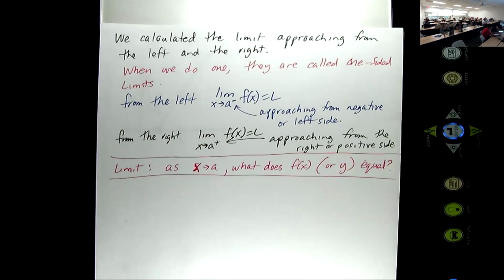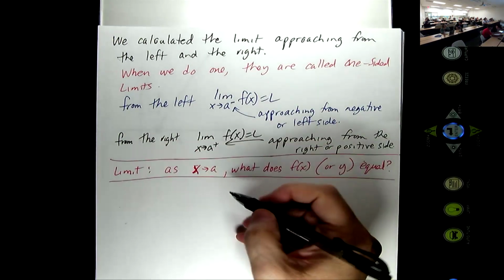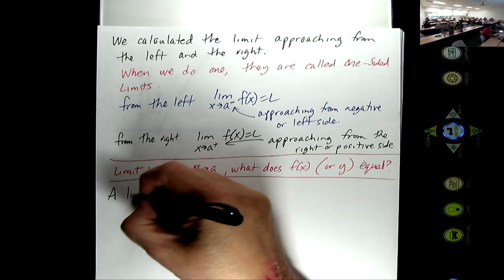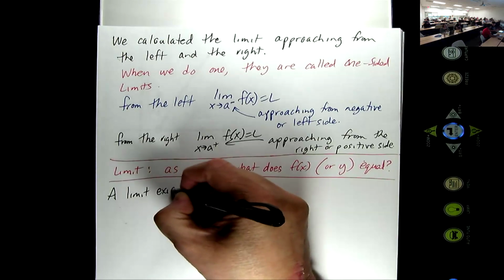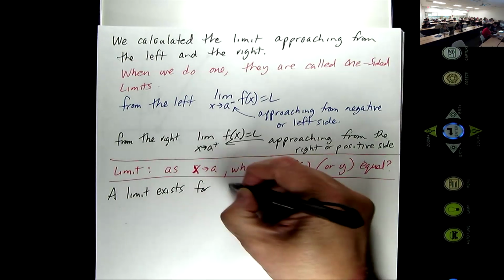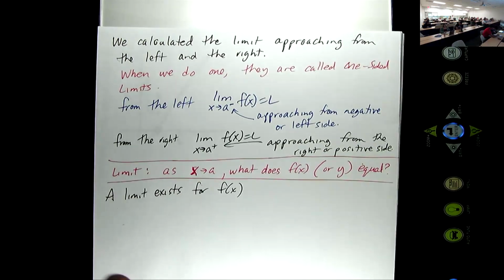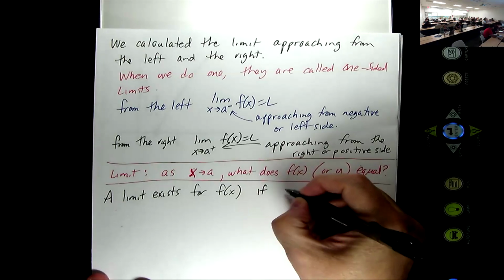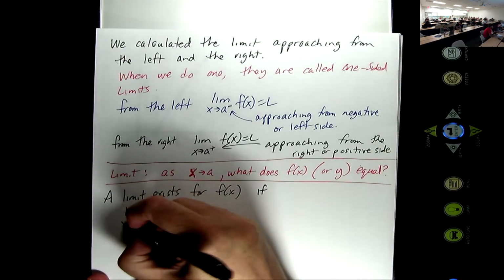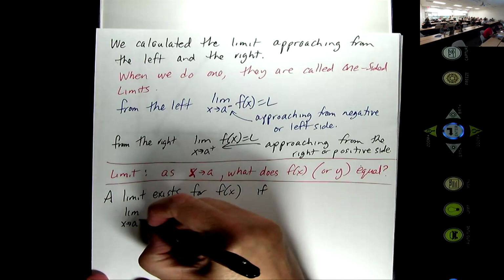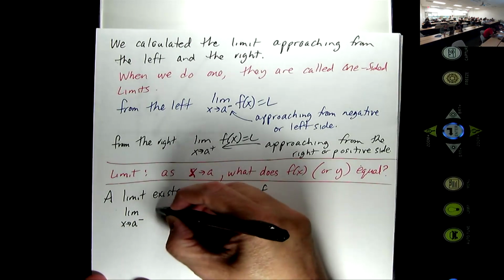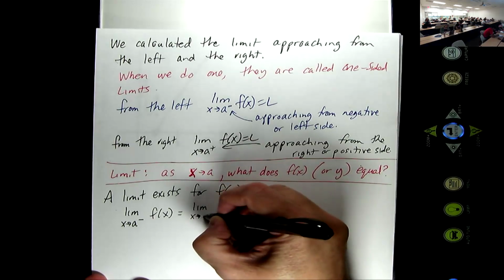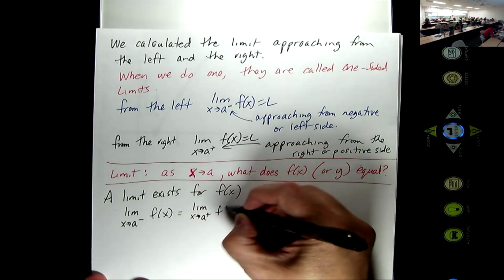Okay, so these were one-sided limits. We're going to say a limit exists for f of x if the limit as x approaches a from the left of f of x equals the limit as x approaches a from the right of f of x.